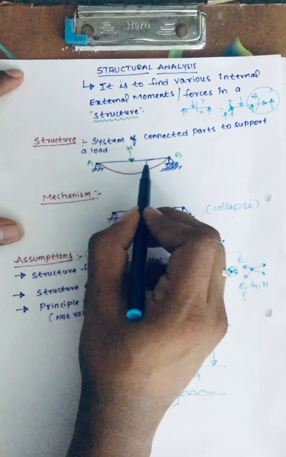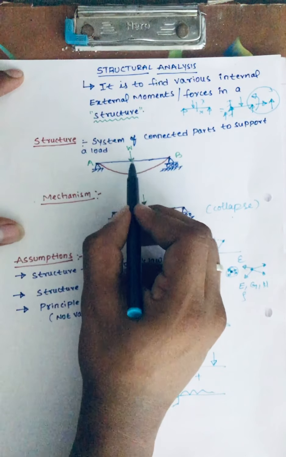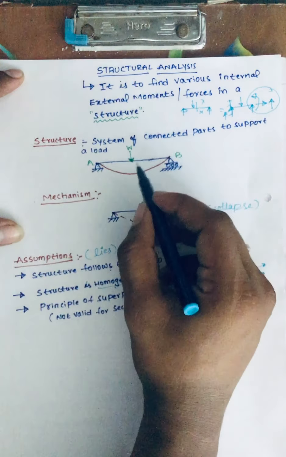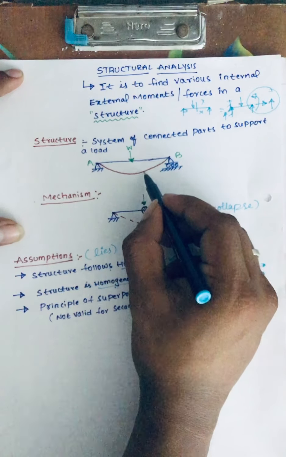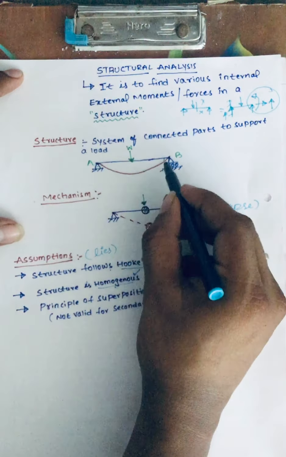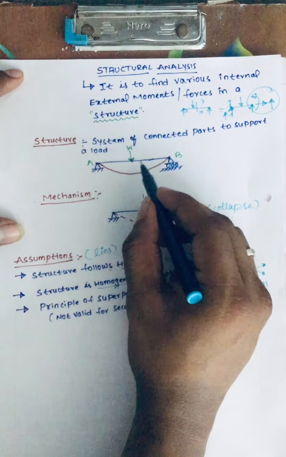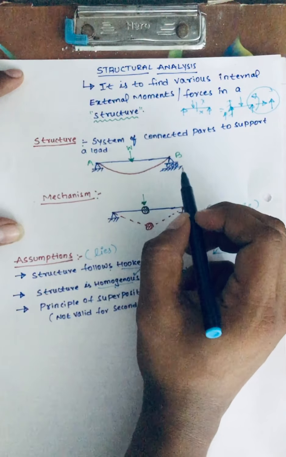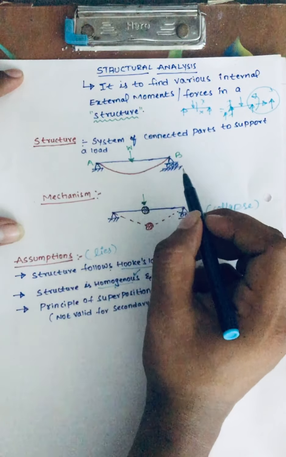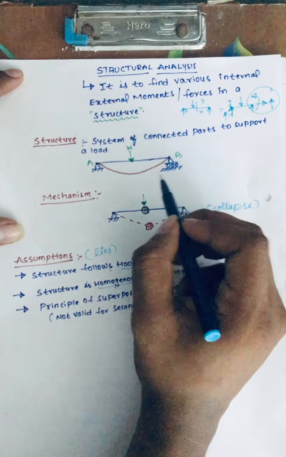When this elastic body is subjected to a set of loads like W over here, there will be some deformation. This deformation happens because of the elastic body properties, some mechanical properties and some physical properties, which we will deal with later.